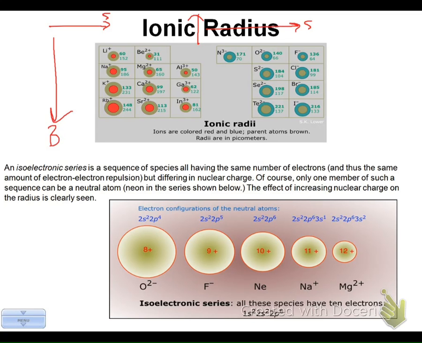The isoelectronic series is much more useful. Line up all ions and atoms with the same number of electrons, and you'll see a very smooth trend from left to right of getting smaller, starting with the most negative, going to the most positive on the right.